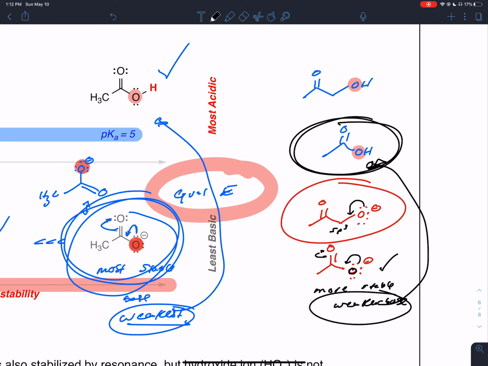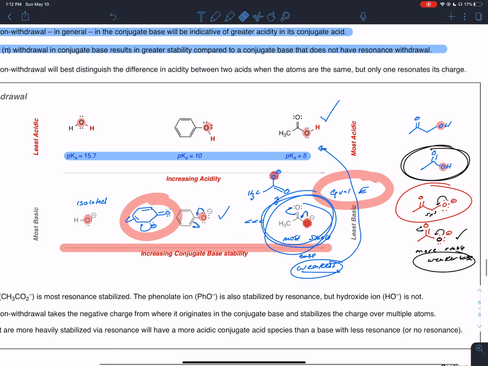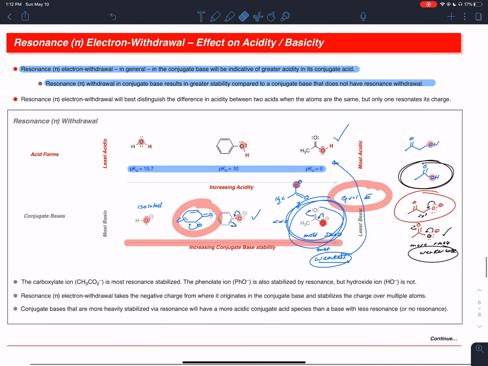And this is the stronger acid because in the conjugate base, there is greater stability, and that is here a function of the resonance of the negative charge away from where it is originating. In another video, we are going to discuss resonance donation, which is the flip side, pushing electron density towards where the negative charge is originating in the conjugate base, okay? But here, taking that negative and resonating it away from where it is originating once our acid is deprotonated, that is stabilizing to the conjugate base, and that will then allow the acid form to be more acidic.